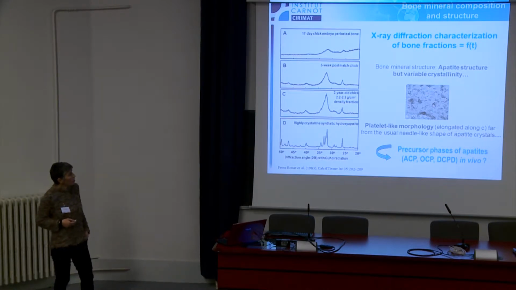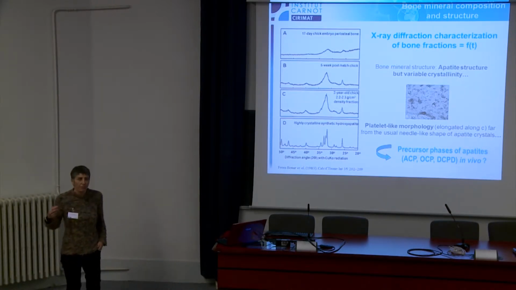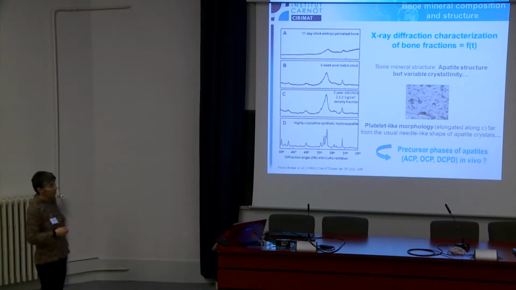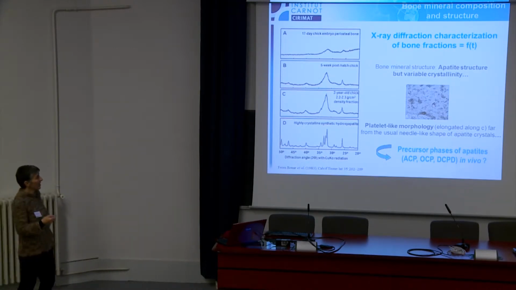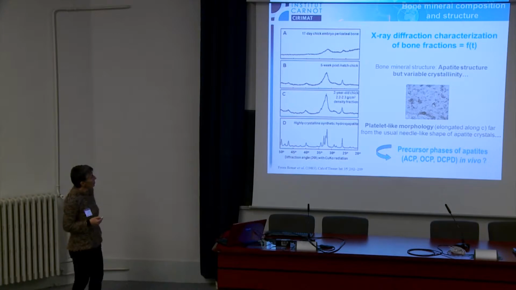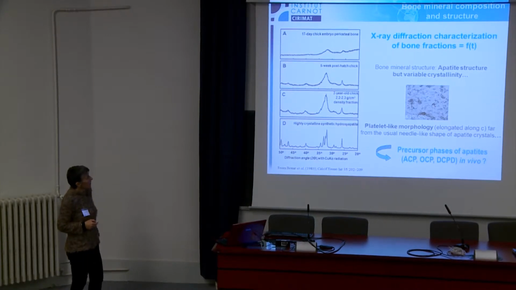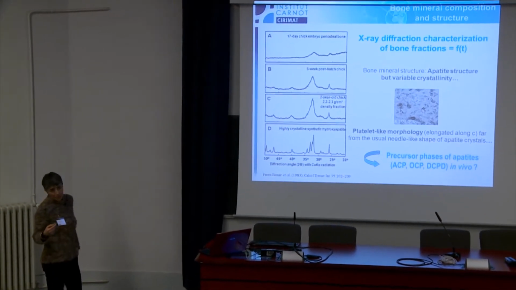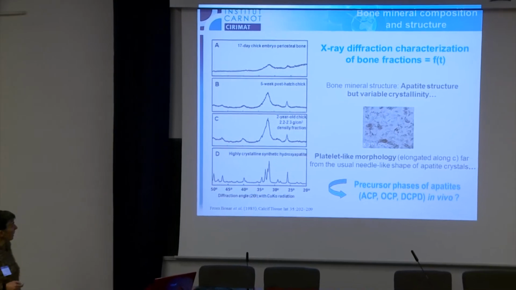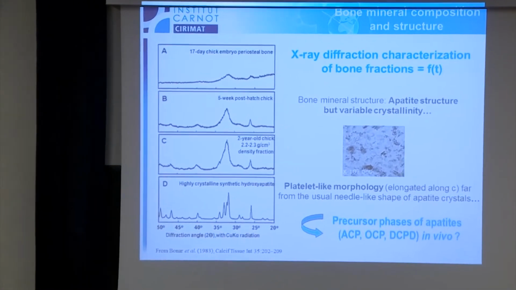Here, if we have a look at the X-ray diffraction patterns of bone at different ages: here it's chicken bone, embryonic, at 17 days. Then here 5 weeks post-hatching, and here a 2-year-old chicken.